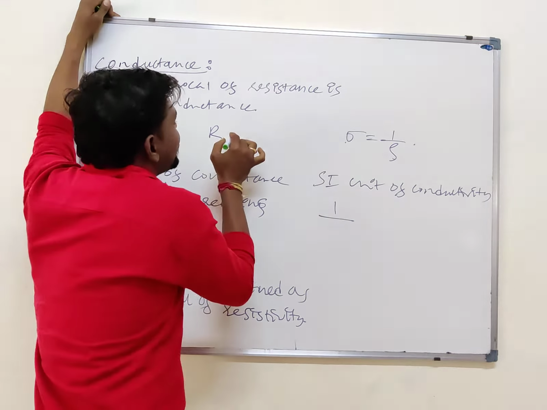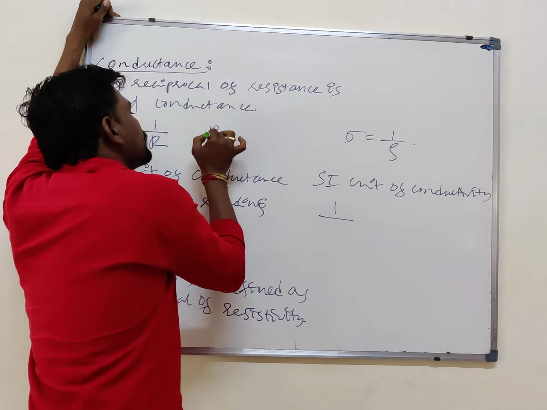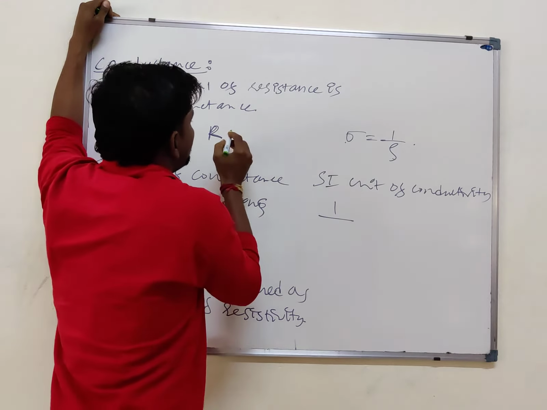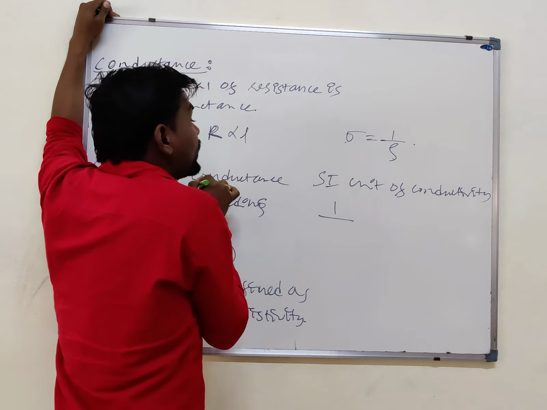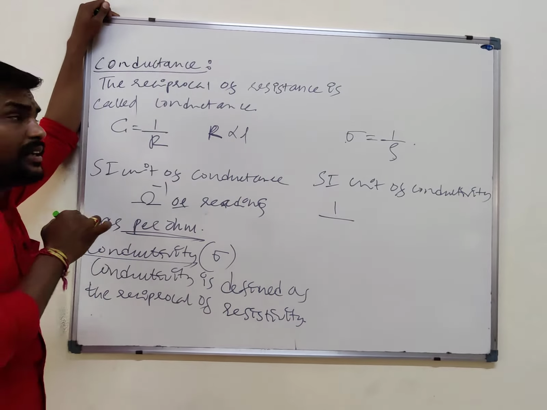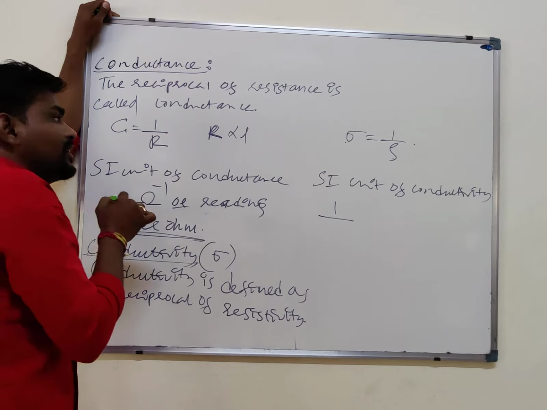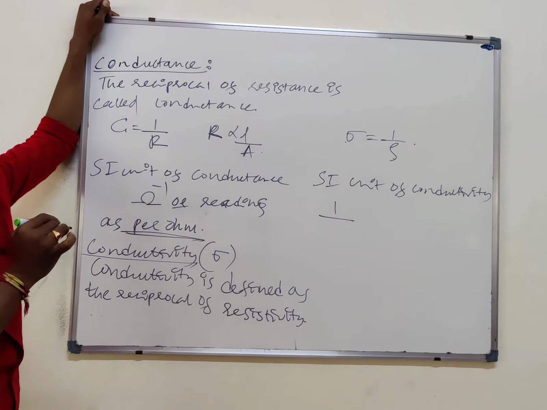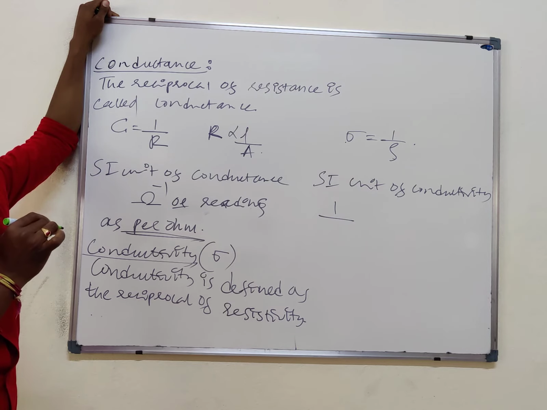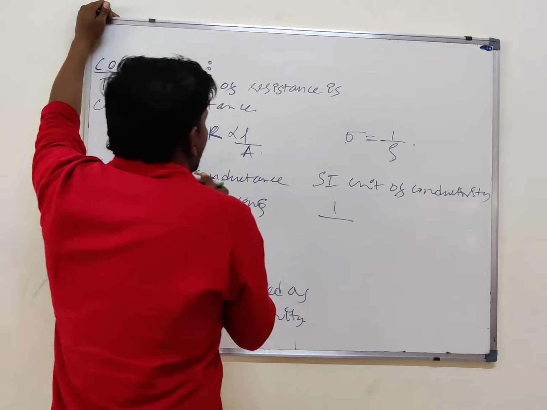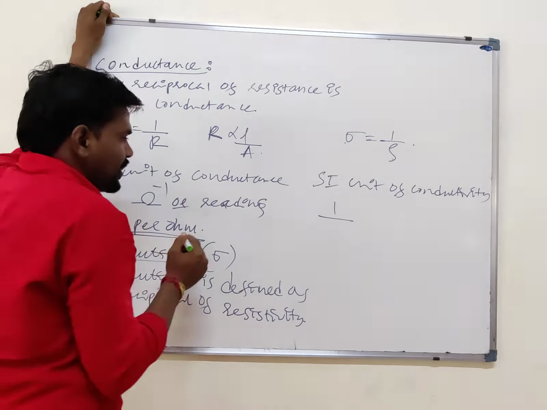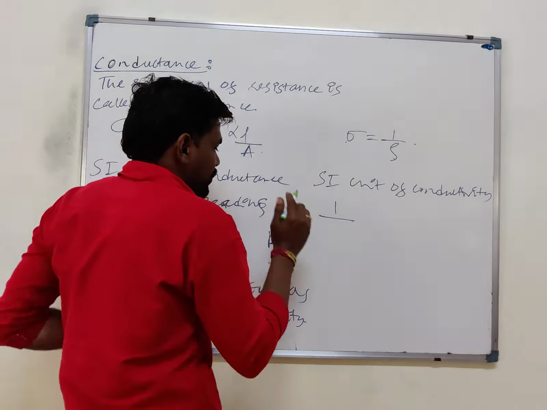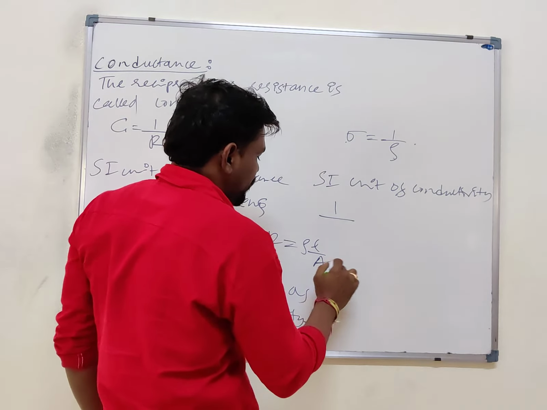Electric resistance is directly proportional to the length of the conductor and inversely proportional to the area of cross section of the conductor. So R is equal to rho L divided by A.